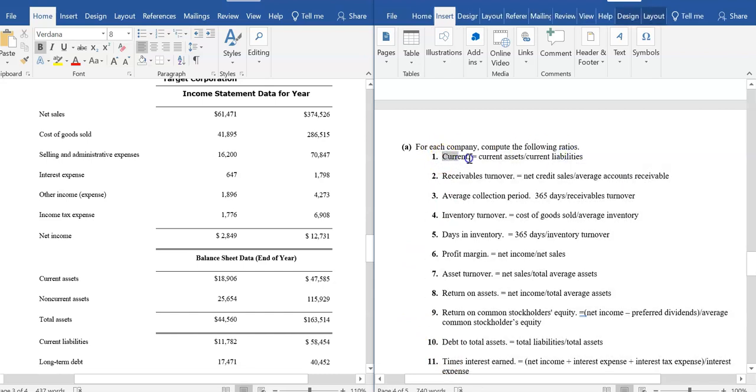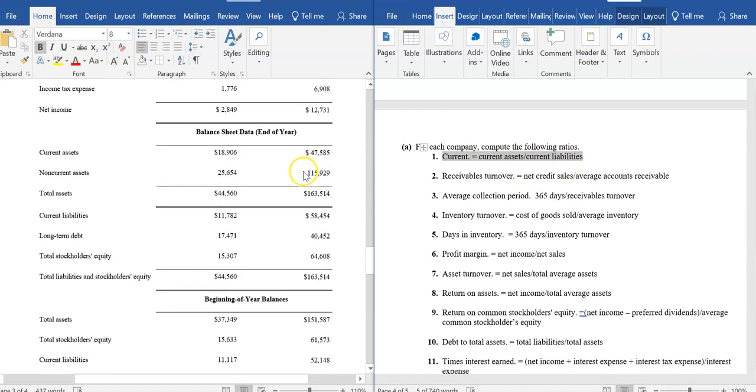The first one we're going to calculate is called the current ratio, and I put in here the ratio formula. The current ratio is calculated by taking current assets and dividing by current liabilities. Assets and liabilities are reported on the balance sheet, so I can pull this information from the balance sheet. Here we have current assets for Target and current assets for Walmart, and current liabilities for Target and current liabilities for Walmart.